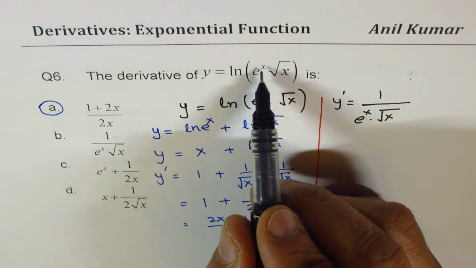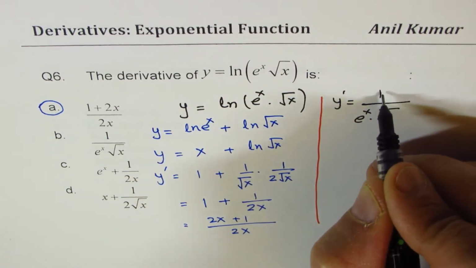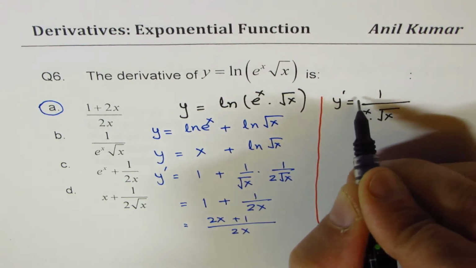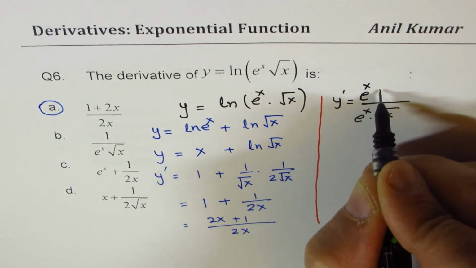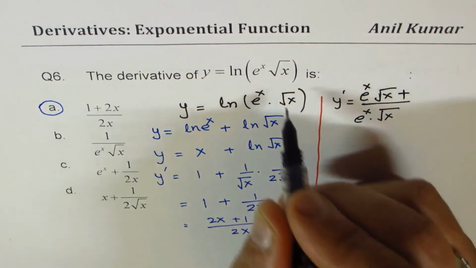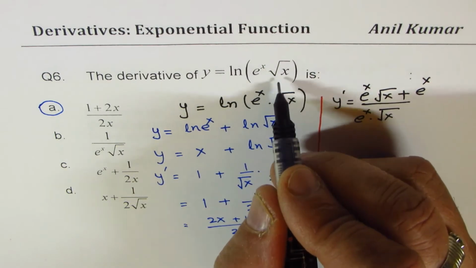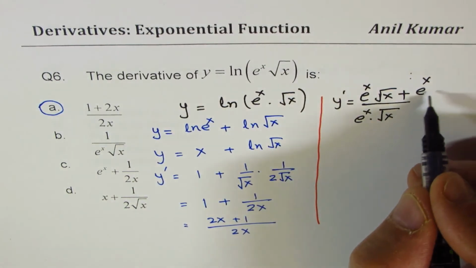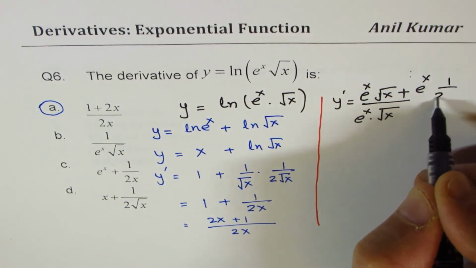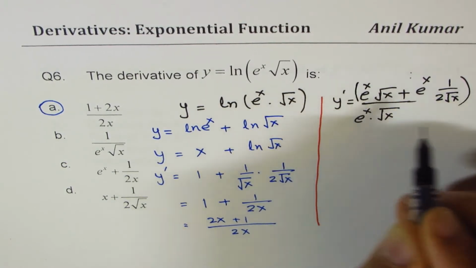So the derivative of e to the power of x is e to the power of x. So it is, let me write here, e to the power of x square root x, right? That is the first part, plus we'll maintain e to the power of x and write the derivative of square root of x, which is 1 over 2 square root x. Is it okay? Okay, so this is in the numerator.